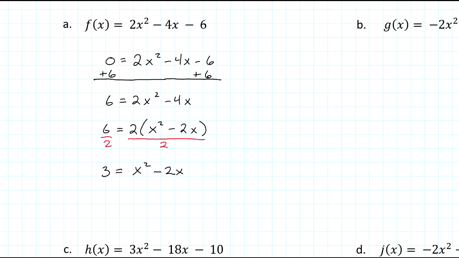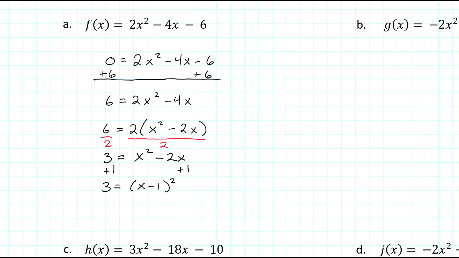And now I can go ahead and say 3 equals parentheses x minus 1 quantity squared. Sorry, I need that extra line in here. 3 equals x minus 1 quantity squared, but if we FOILed this out, it would give us a plus 1 that we've just added to this side, right?